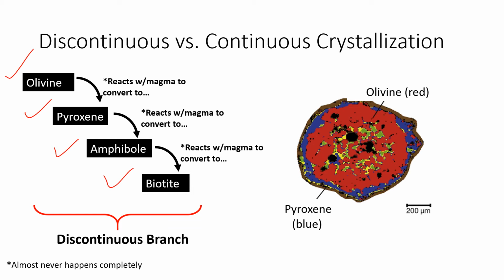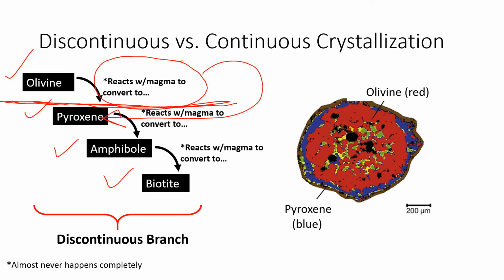Interestingly, what Bowen noticed, however, is it's a little more complicated than that. What actually happens is when olivine gets down to a certain temperature, not only does olivine stop crystallizing, but even the olivine that's already crystallized will react back with the remaining magma and actually convert itself into pyroxene, and so on and so forth, all the way down to biotite.